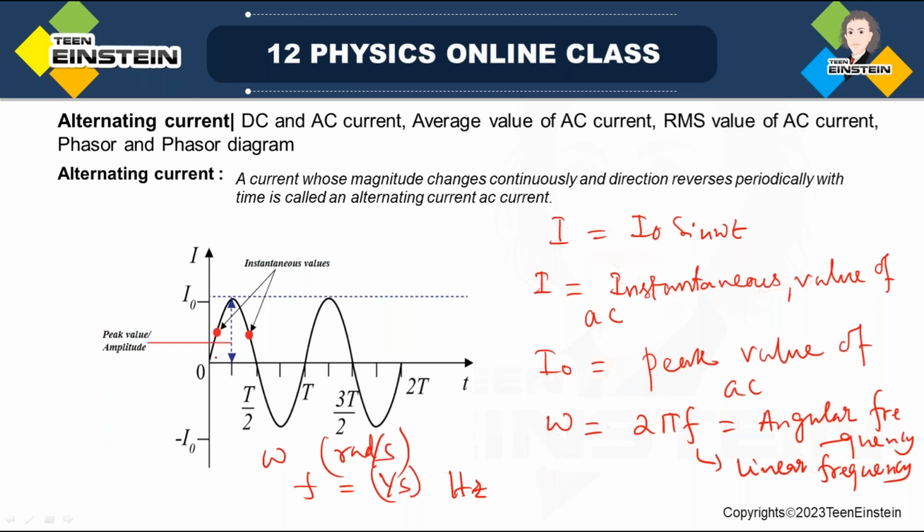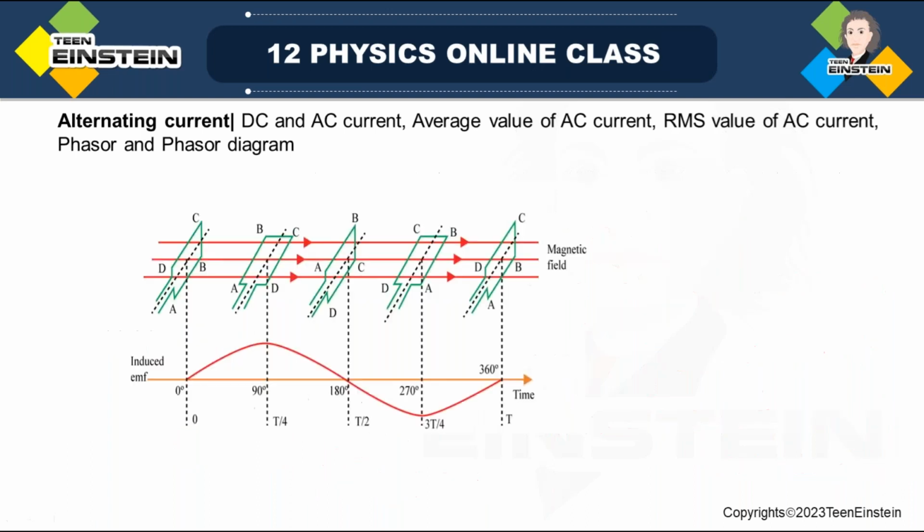And in case of AC, I have maximum in the positive direction and in the negative direction also. Both directions I have. Here it is minus I0, here it is plus I0 on the positive side. All right, so we'll just go ahead.